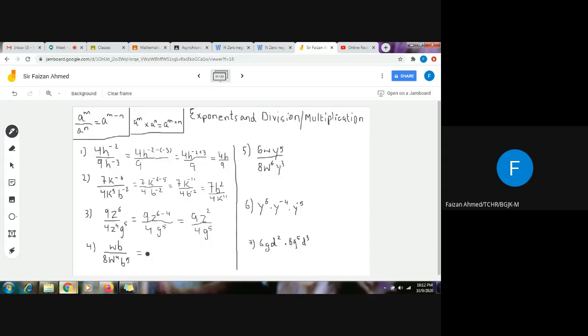And question number four, we have 1 over 8. So I can write 1 over 8, and I have a w, and I have a w. I will use the law of division, that is w^1 minus w^4, because you know that when the bases are same and they are being divided, the powers are subtracted.